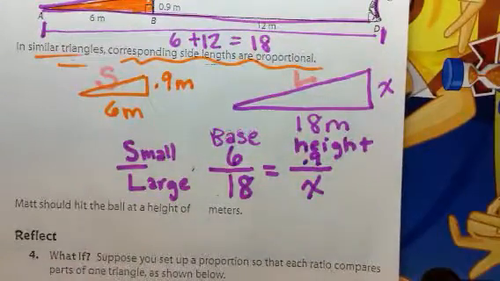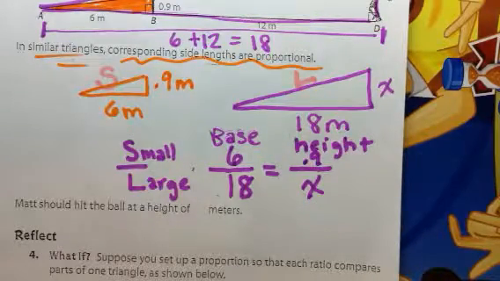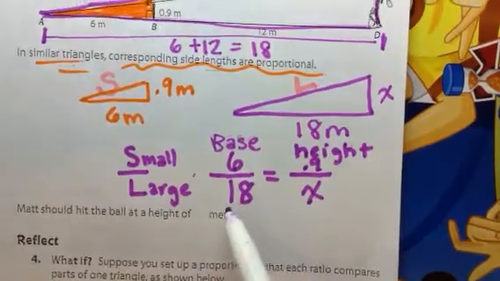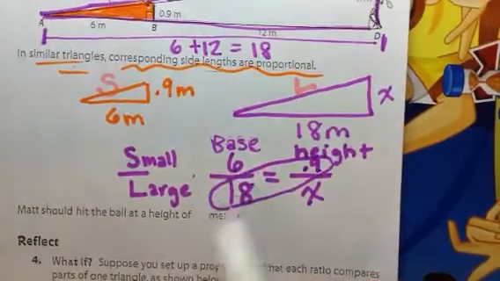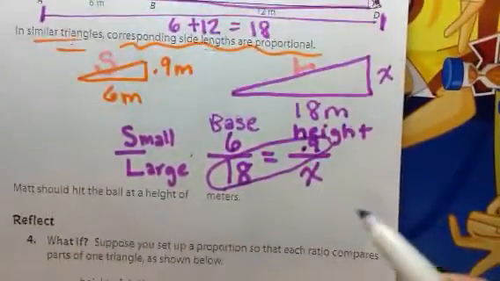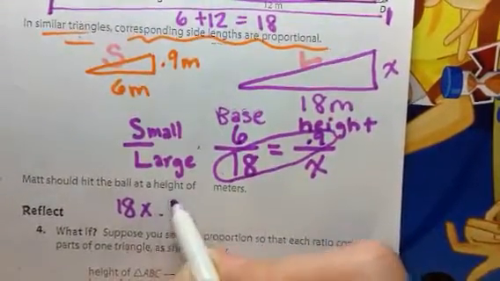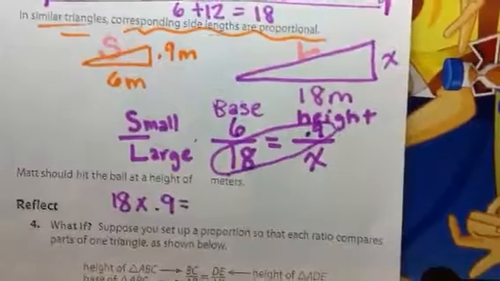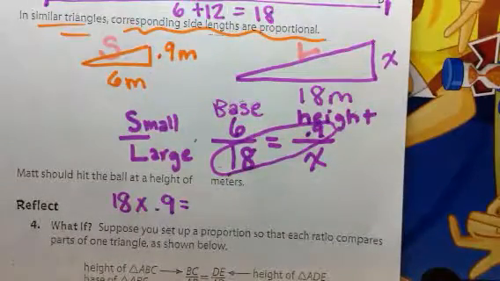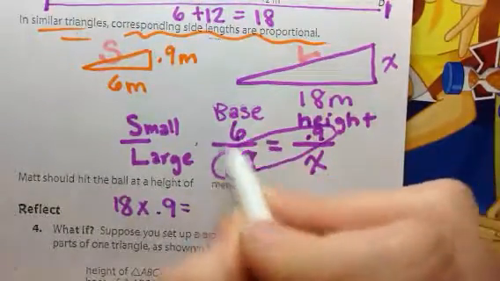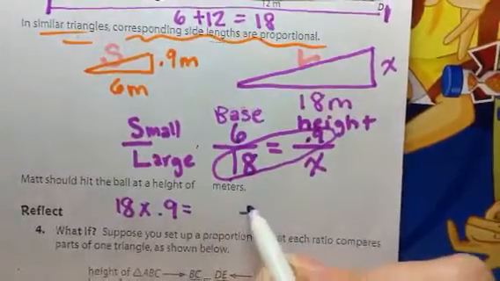Okay, so once you've used your word labels and you've got your proportion all set up, you have to multiply the numbers that were diagonal. So I'm going to be working 18 times 9/10. Once you've got that answer, then you're going to divide it by the number that was left over.